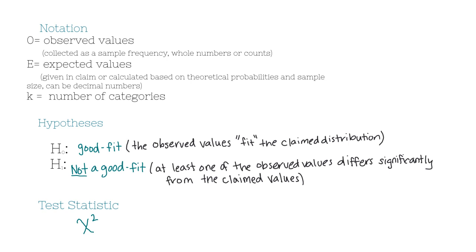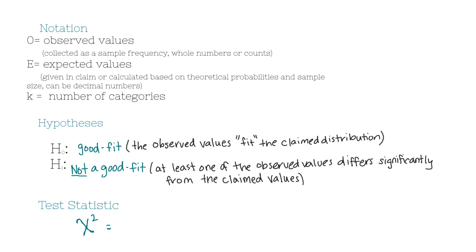So our test stat was either a z or a t. Now our test stat is going to be a chi, which kind of looks like an x, but it's the chi-square. So it's like this curly x. The curly x is the Greek letter chi, and then it's a square because of actually the way you calculate it. So here's how you calculate it. Remember, we're measuring the difference between our O's and E's, between our observed and our expected values.